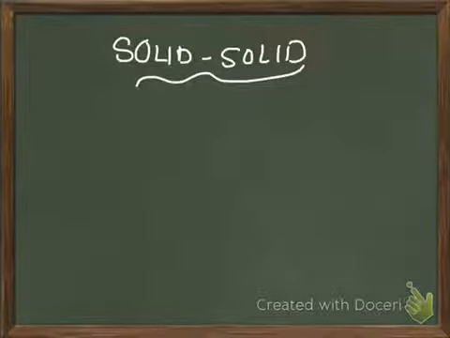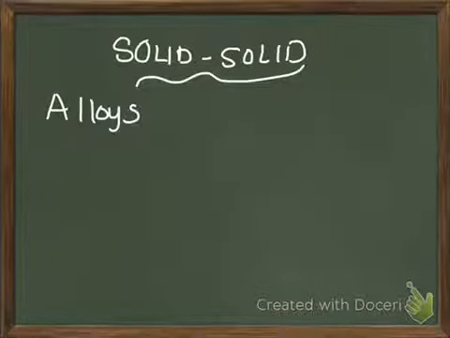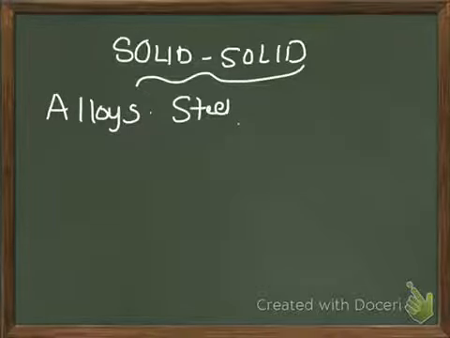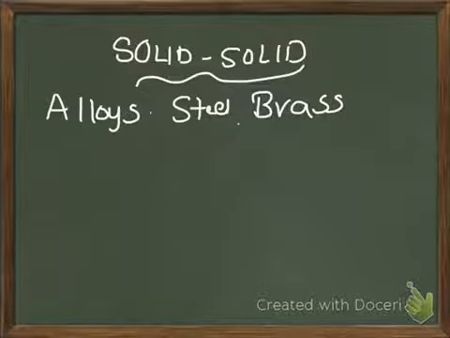A solid mixture is a mixture of two solids. Examples are alloys like steel, brass, etc. These are solid mixtures. Now how can we separate solid mixtures?